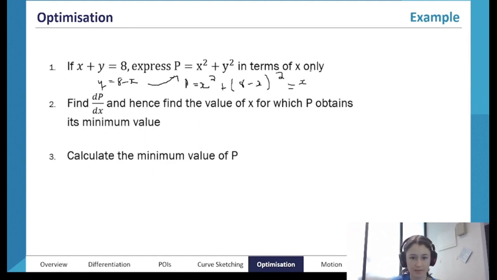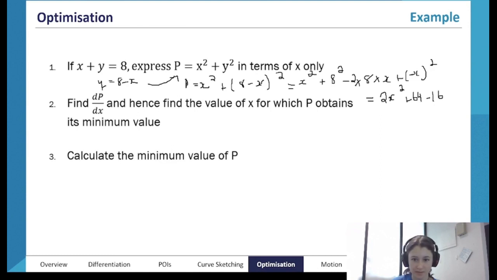We're just going to use our binomial expansion, so we're going to have x squared plus 8 squared take 2 times 8 times x plus negative x squared. It's getting messy, but this is going to give us 2x squared plus 64 take 16x.